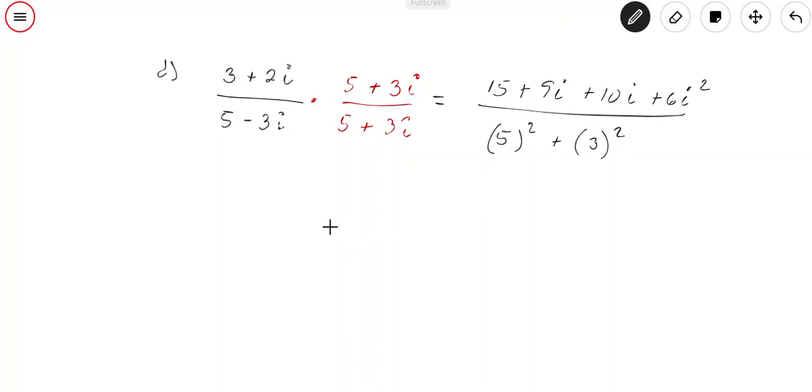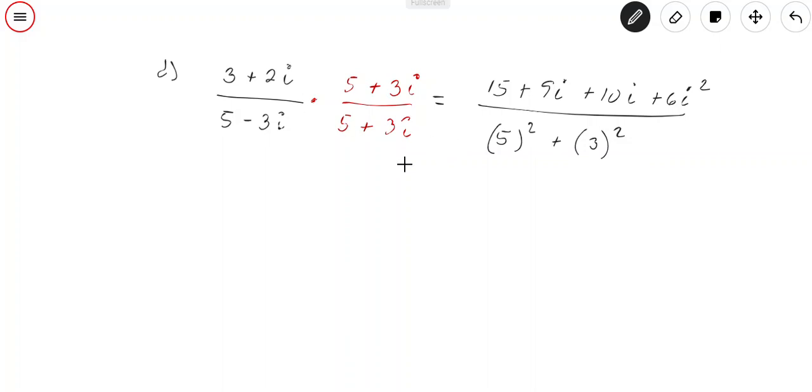You can always do it this way, and it's going to work. It's the same as saying 5 times 5, 25. 5 times 3i, 15i. But negative 3i times 5, negative 15i, and 15i minus 15i will become 0. Then negative 3i times 3i is negative 9i squared, so that becomes positive 9. So we have 25 plus 9, and that will be 34.